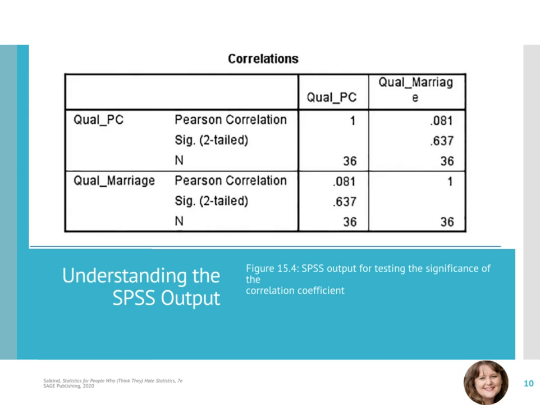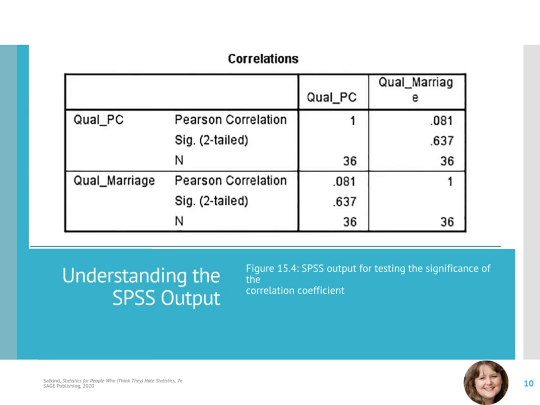So for this, wow, 0 is perfectly random data, right? Perfectly random data is almost impossible to find, but they got awfully close here at 0.08. Actually, in their data set anyway of 36 people, which is much too small of an n to know anything, they don't have enough power there, but still that's what they found. And then their significance was 0.637.